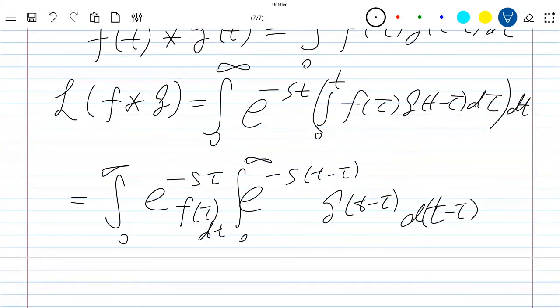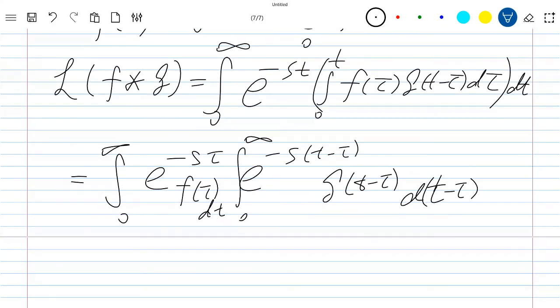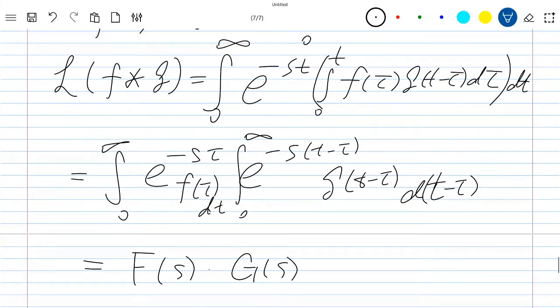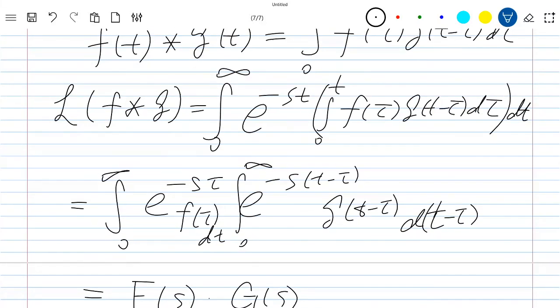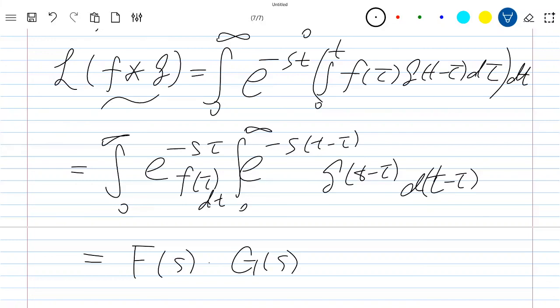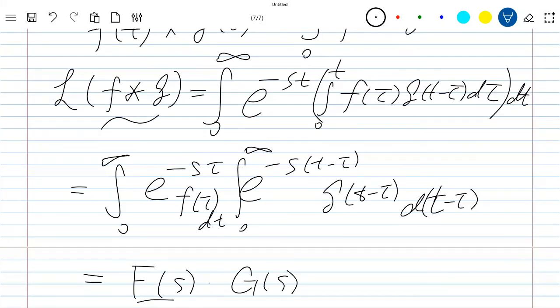Well, this is not very rigorous. I should have done something more carefully to make it rigorous. But the result is just F of s times G of s. So that means the convolution will give us the product.